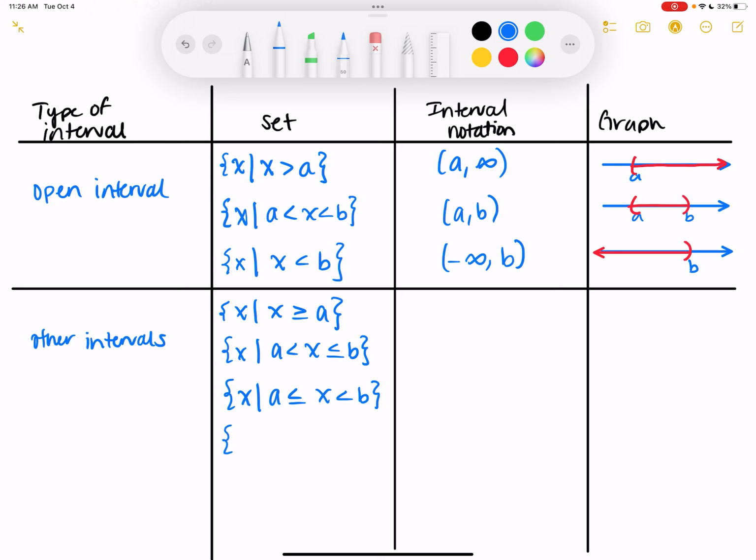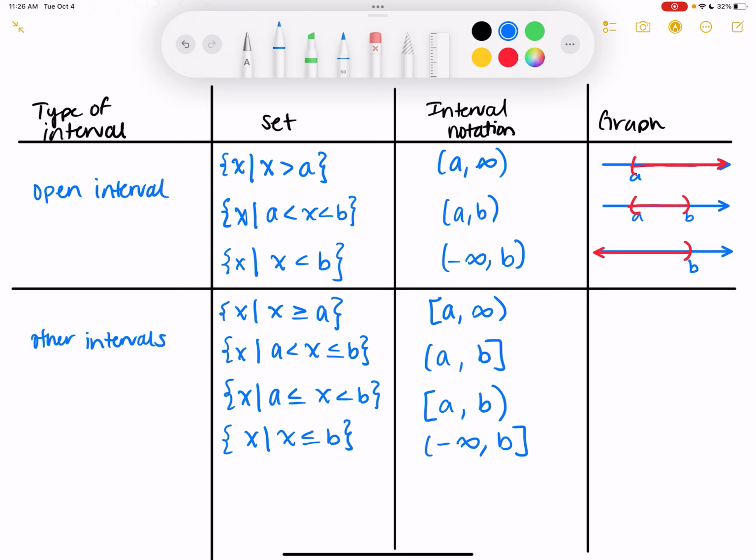And the set of x such that x is less than or equal to b. So the intervals in order going down: closed interval of a to infinity, and that's going to be open. Then open interval at a, closed at b. Closed at a, open at b. And then negative infinity to b, and that's going to be closed.